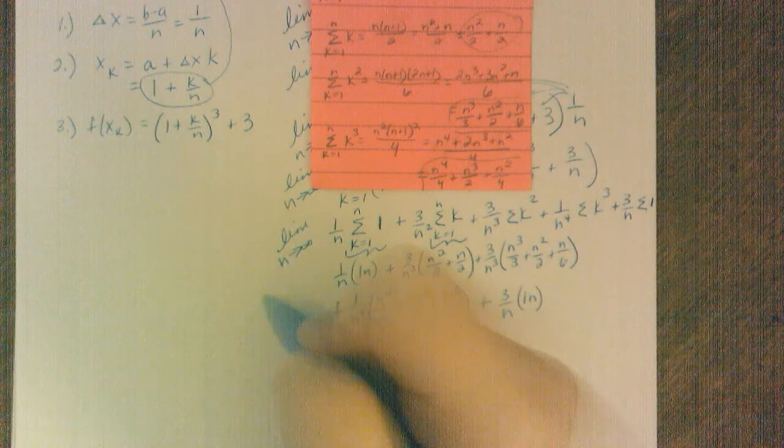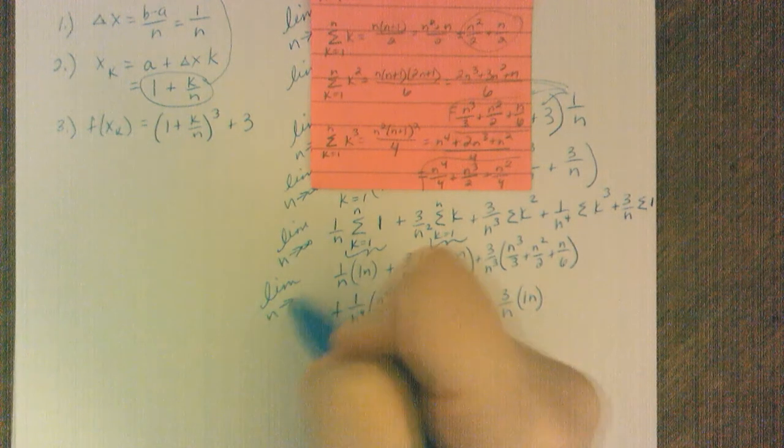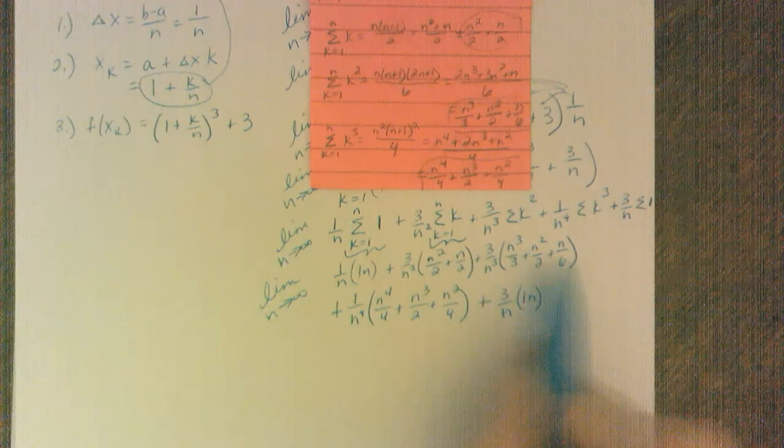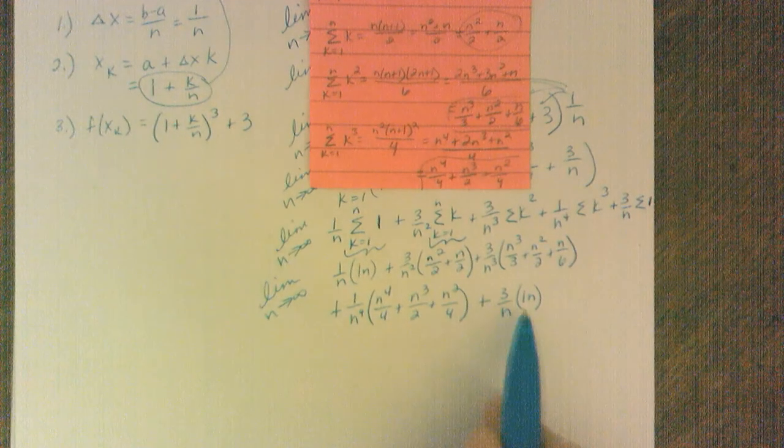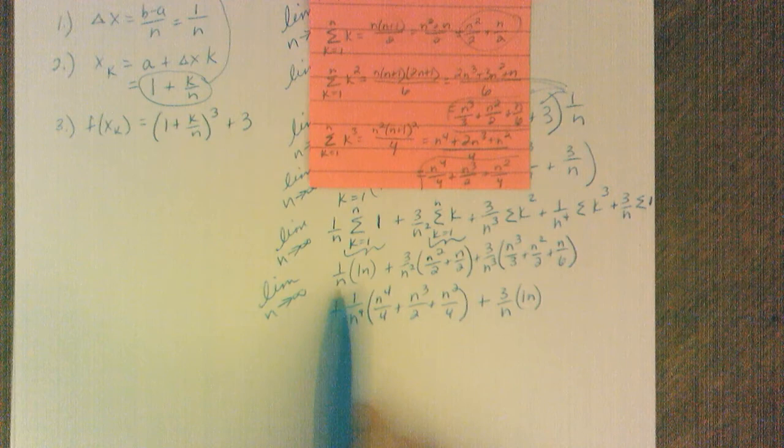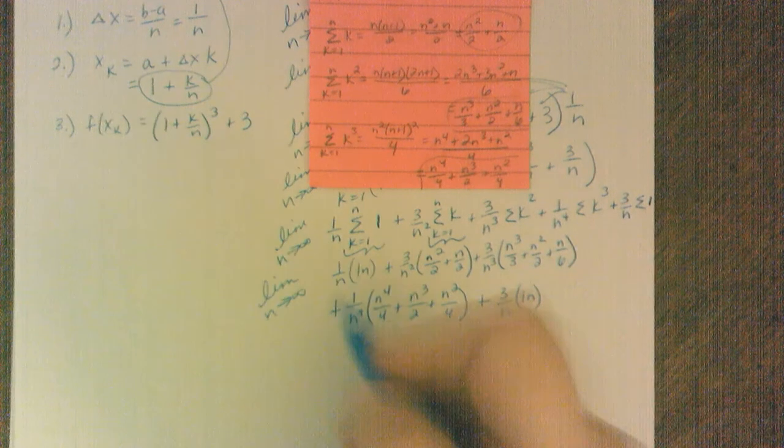All right, let's clean this up. Remember, it starts here and then goes into here. So 1 over n times n is just 1.